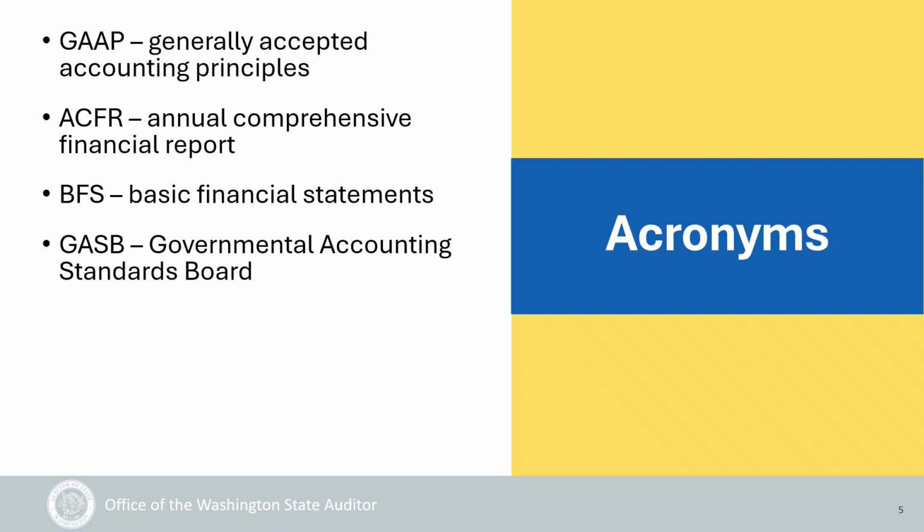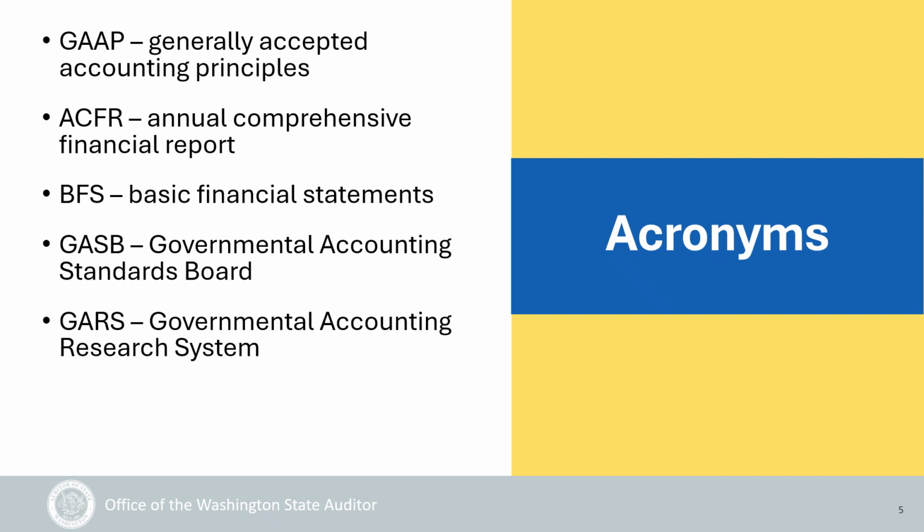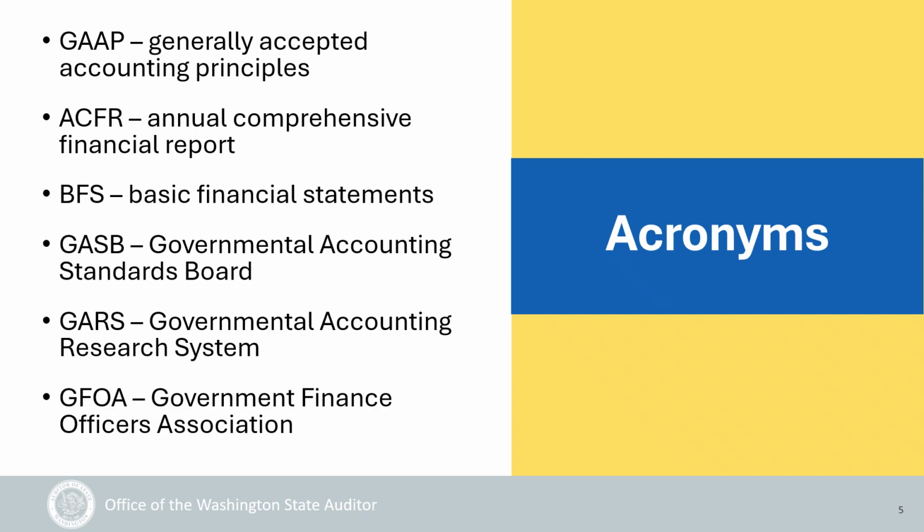GASB, or the GASB, Governmental Accounting Standards Board. The GASB establishes accounting and reporting for U.S. state and local governments. GARS, Governmental Accounting Research System, which contains the full GAAP codification, which is the comprehensive group of standards as prescribed by the GASB.